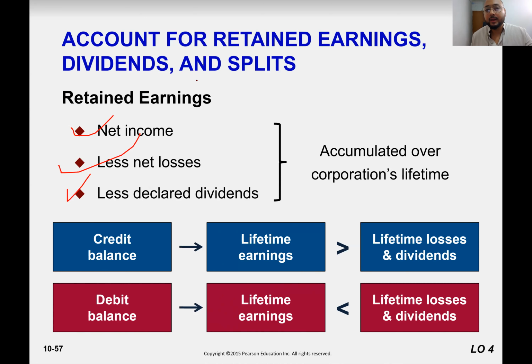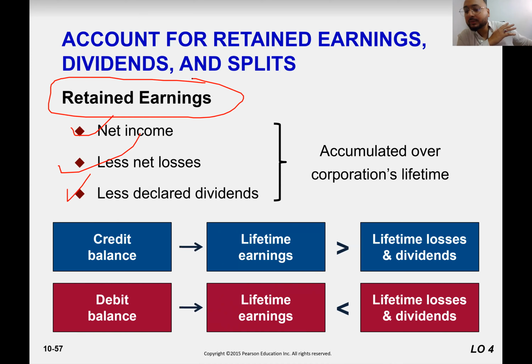So it means retained earnings are the earnings that we did not share from the past years. We retain, we accumulate over the years of the corporation's lifetime. So it has a credit balance, yes.